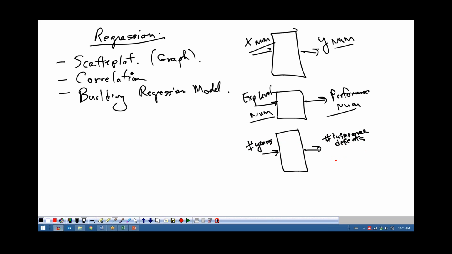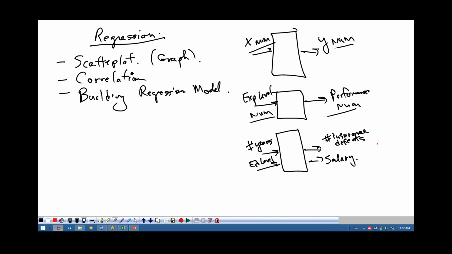John, do you have an example? Sure. Education level and salary. Okay, which one is the X and which one is the Y? Education level is the X. Got it. Y is salary. Okay, excellent. So that certainly will work as well.